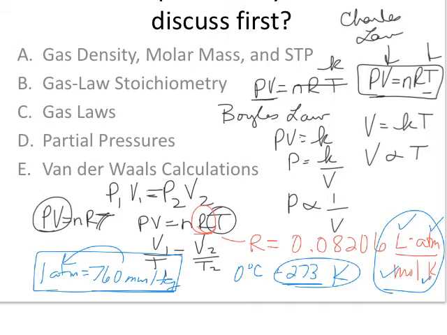Alright, so we're going to get going, but I wanted to tell you what problems are required. The problems that are due for this chapter for recitation are problems 5.1, 5.3, 5.5, and 5.6.